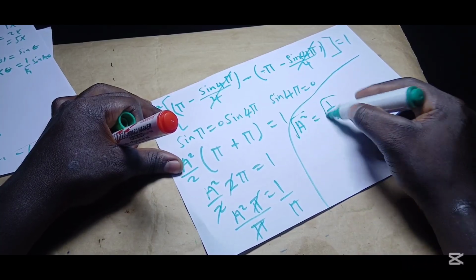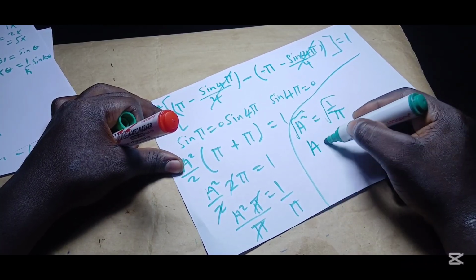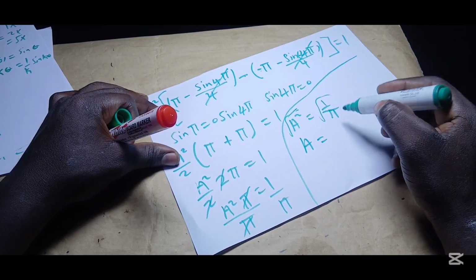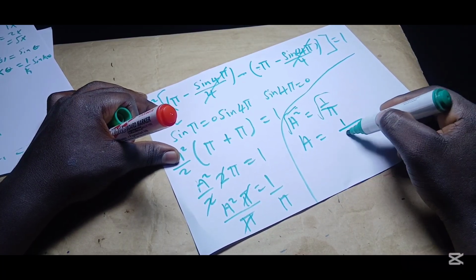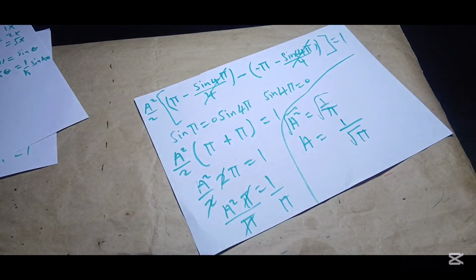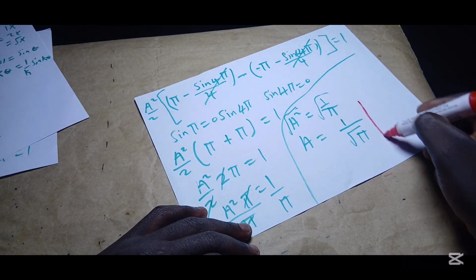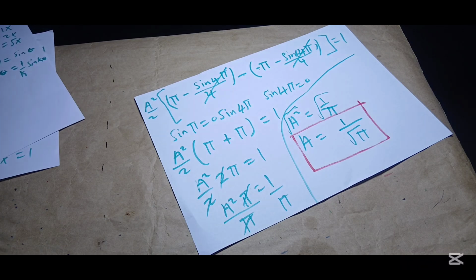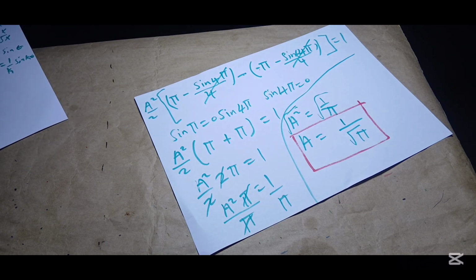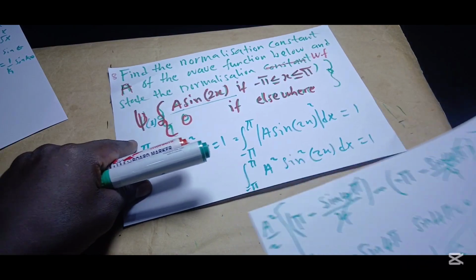So taking square root of both sides, our a, which is the normalization constant, is going to give us the square root of 1, which is the same as 1, over square root of pi. So this is our normalization constant. So this is what we need to multiply to the wave function that can make the wave function used to predict the system.